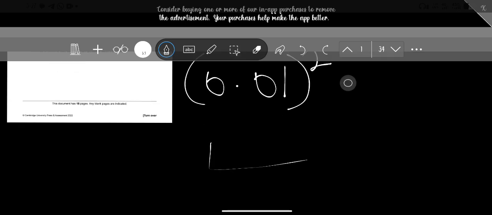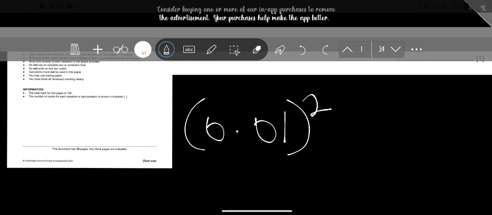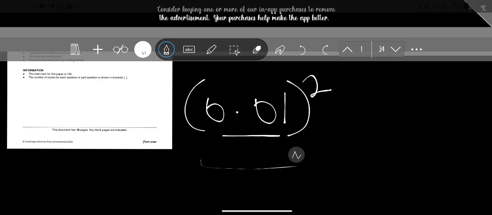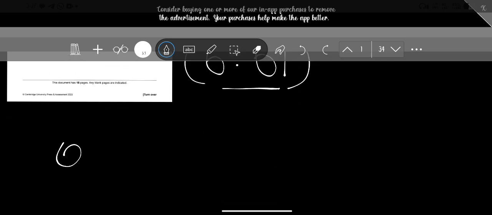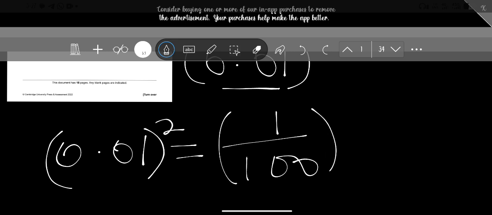To simplify this, because you are not allowed to use a calculator here, let's consider the term inside this bracket, that is 0.01. 0.01 can be written as 1 over 100, and then putting the square, we have 1 over 100 raised to the power of 2.